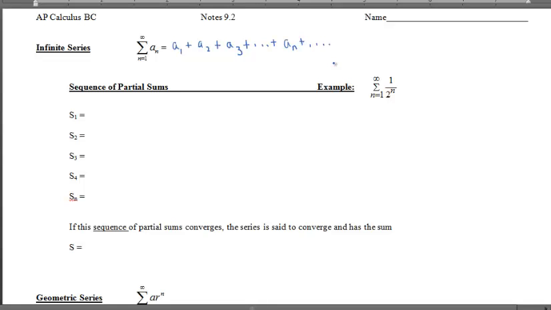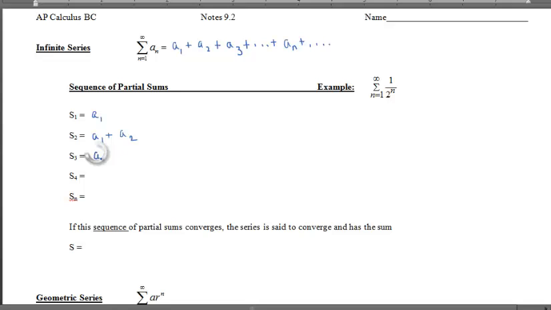If an infinite series does converge, then we know that the sequence of partial sums approaches a limit. So let's look at a sequence of partial sums to help us understand convergence or divergence. Well, what is a partial sum? S sub 1 just represents taking the first term and saying, I'm going to approximate the sum of this series by just the first term. The second partial sum, denoted S sub 2, is just adding a sub 1 and a sub 2.